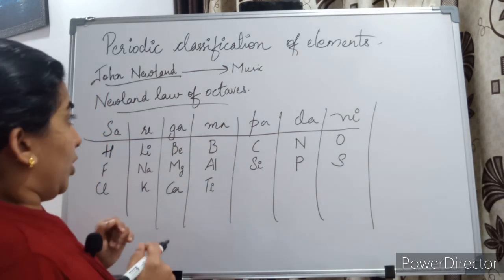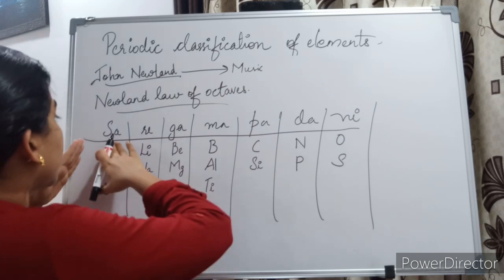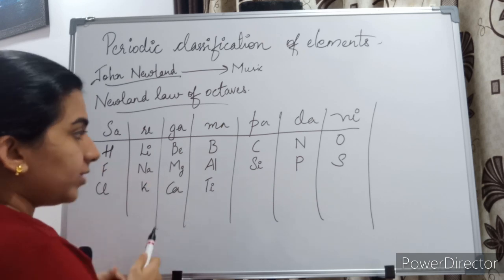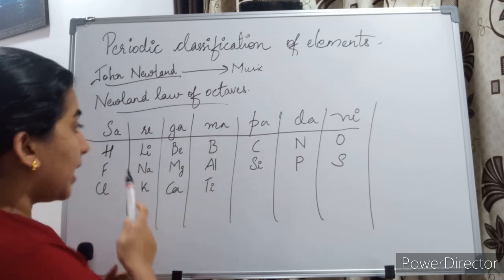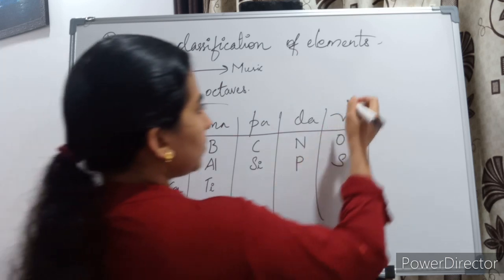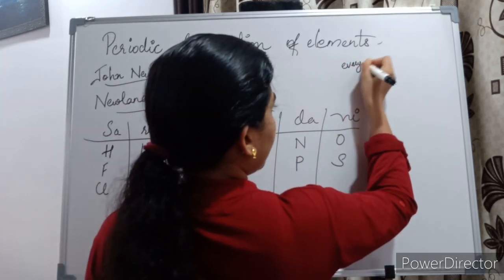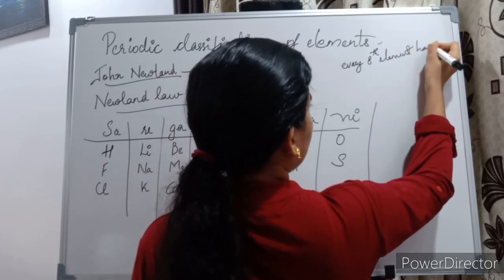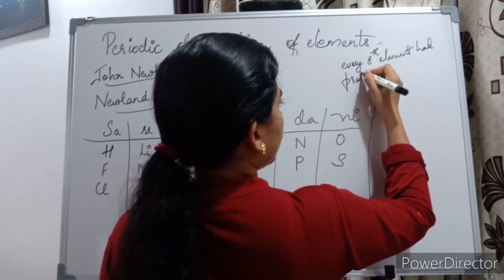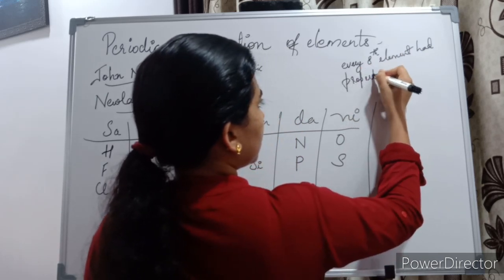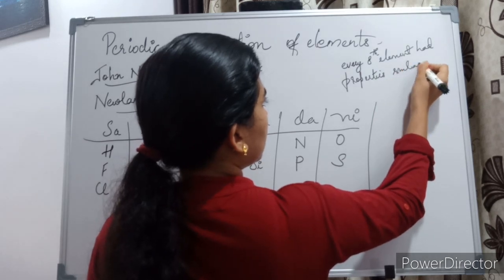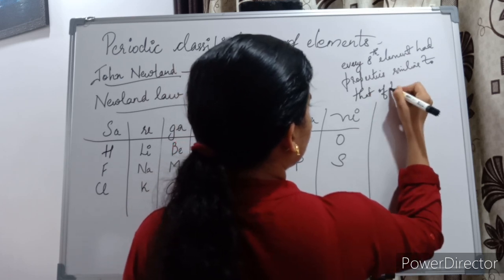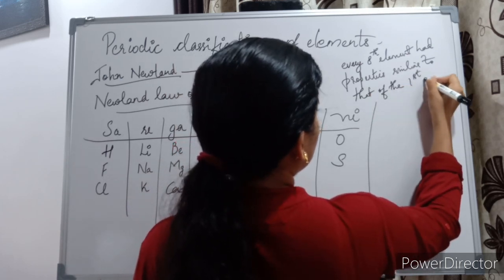So what did Newland do? He just wrote all the octaves of music, and then he arranged the chemical elements according to those octaves, and he told that every 8th element had properties similar to that of the first one.